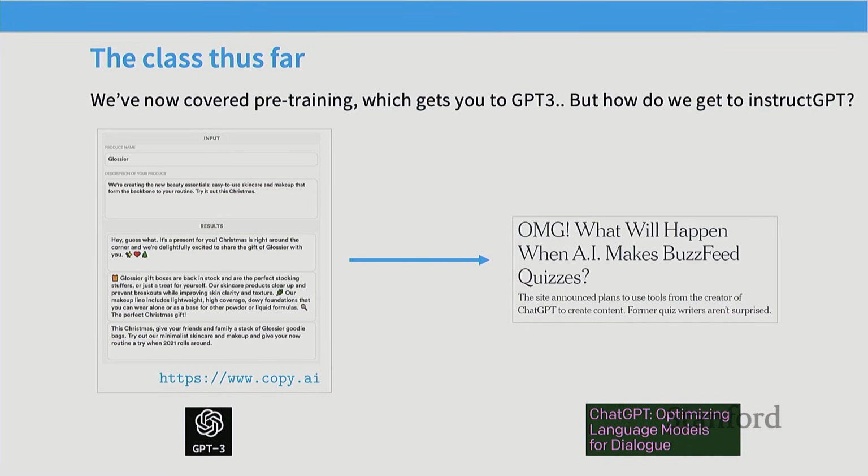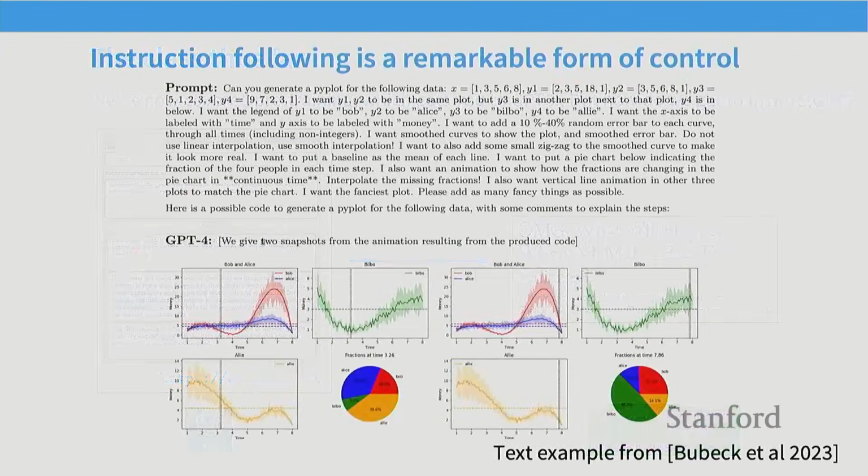It didn't follow instructions. It didn't do anything particularly interesting from a product point of view. And then all of a sudden, we got ChatGPT, and ChatGPT can do all sorts of amazing things and follow instructions, and we've seen what that has done to society since then, right? So today's focus is going to be on this arrow right here. How do we take a pre-trained system like GPT-3 and make something like ChatGPT? And then we're going to try to get to the nuts and bolts of that process.